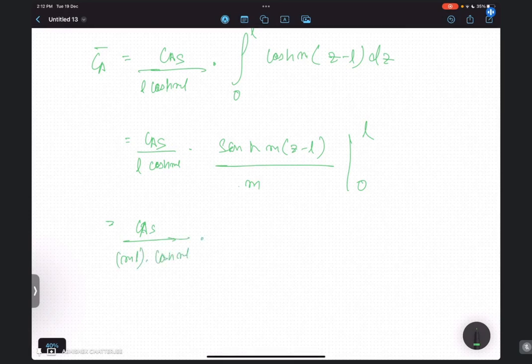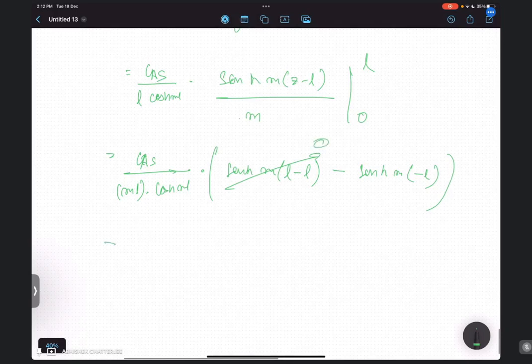So this will become CaS by mL into cos hyperbolic mL into, put the limits, so this will become sin hyperbolic m, in place of z we have to put L, so L minus L, and minus sin hyperbolic m into put 0 here, so ये 0 इसको बना देगा minus L, so this will become minus L. Okay, so this is equals to 0, sin 0 is 0, so this will become CaS divided by mL into cos h mL, और इंटू ये माइनस है और ये माइनस है, this minus will come outside, sin of minus theta is minus sin theta, so this minus will come out here, it will make it positive, so sin h mL.